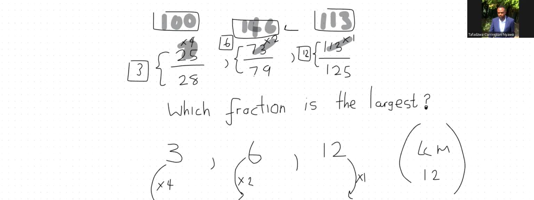So that makes this fraction over here the biggest. So the biggest fraction is going to be 73 over 79.